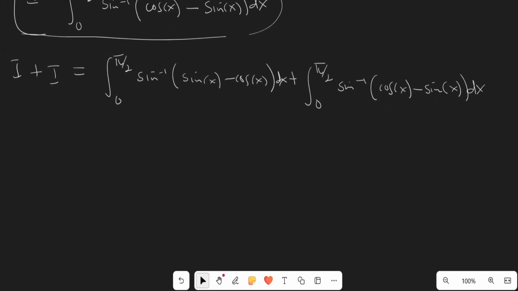So we can actually combine this. So 2I is going to be the integral.